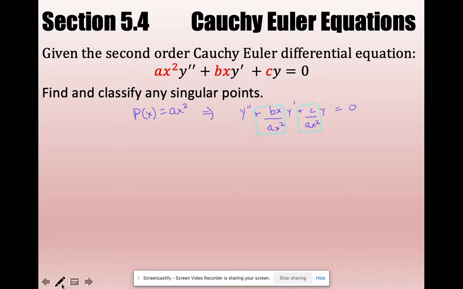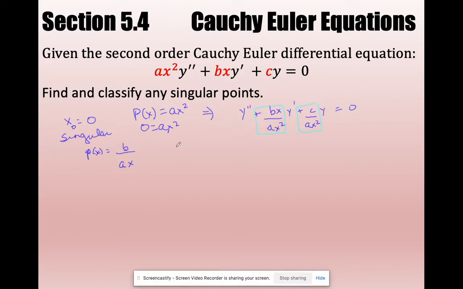That is little q. So take little p of x and say that's b over ax. And remember, my singular point is anything that makes p sub x equal to 0. Forgot to write that down first. So don't make your center equal to 0. That's singular.